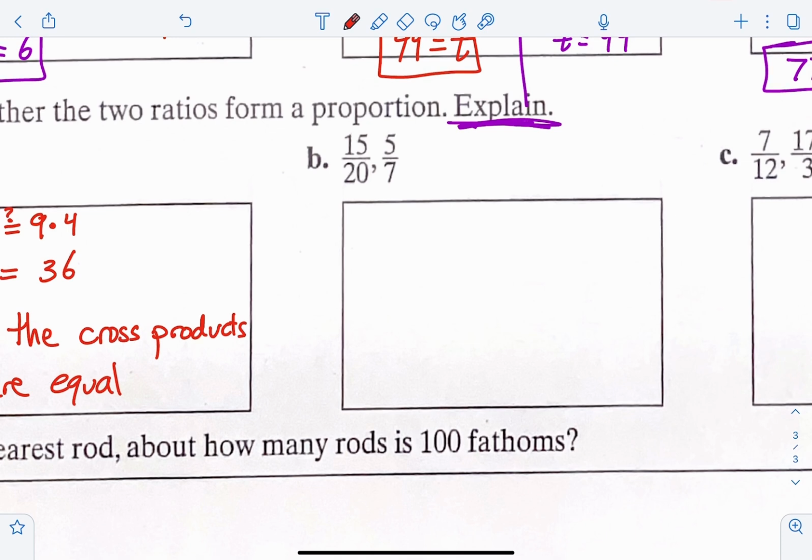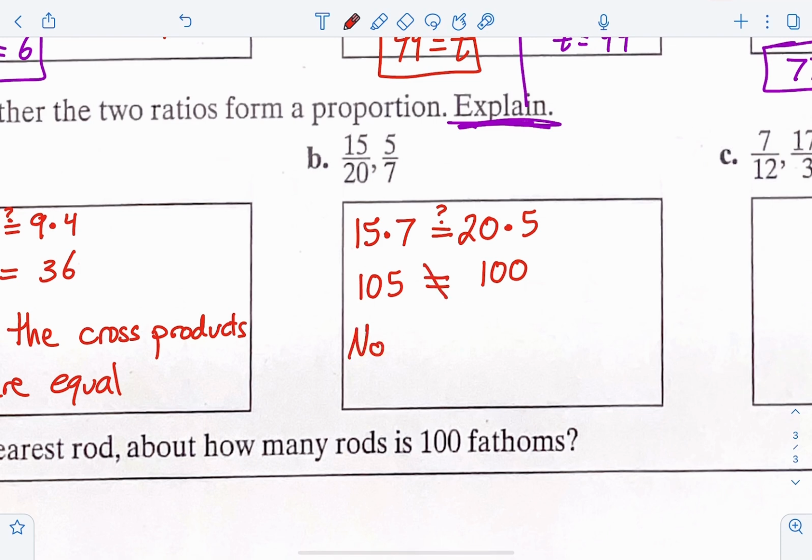All right, so we have 15 times 7, question mark, equals 20 times 5. 15 times 7 is 105. 20 times 5 is 100. So we put that not equal sign between them, and we say, no, the cross products are not equal.